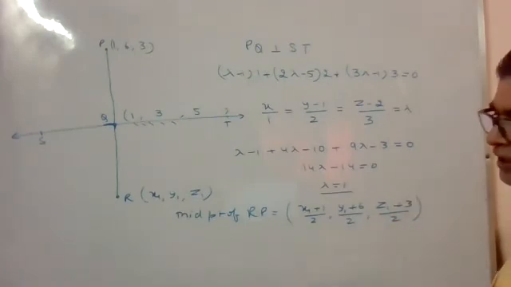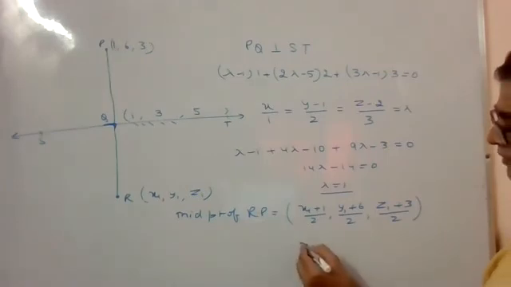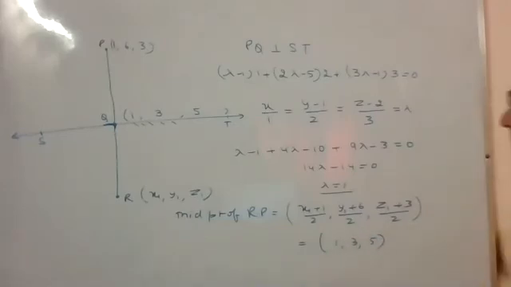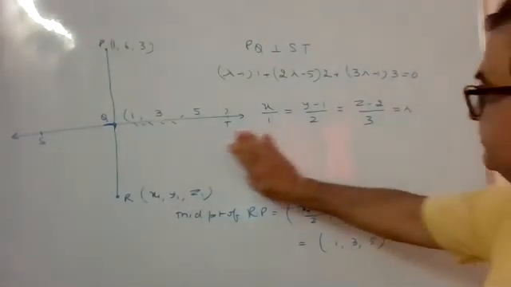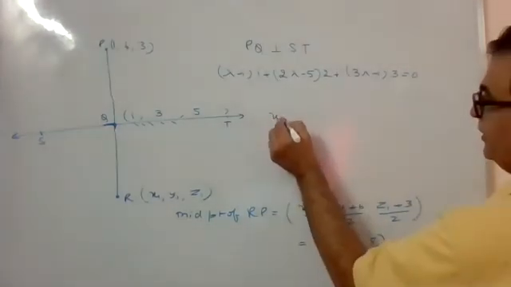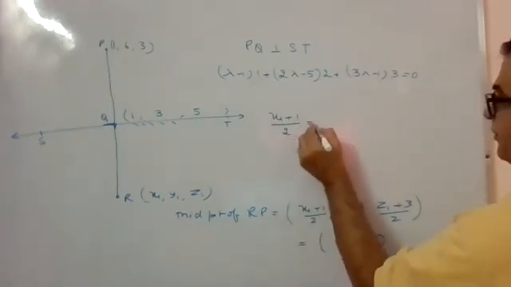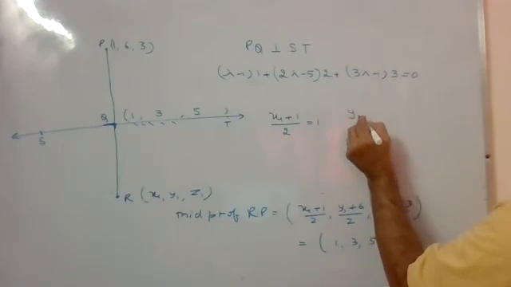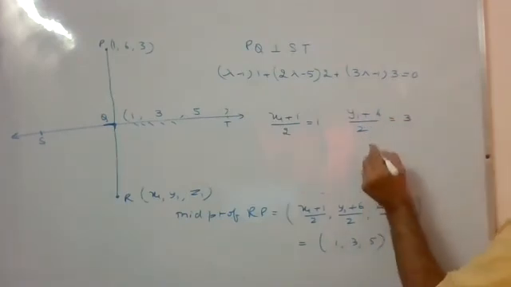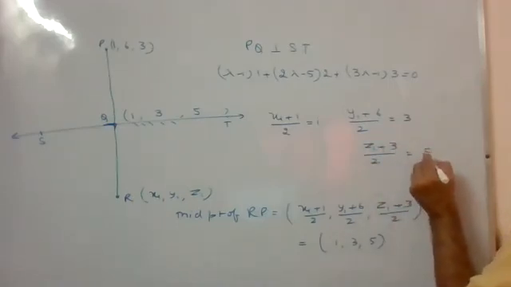This is the midpoint of RP, and this midpoint should be equal to 1, 3 and 5. That means x1 plus 1 by 2 is 1, y1 plus 6 by 2 is 3, and z1 plus 3 by 2 comes out to be 5.